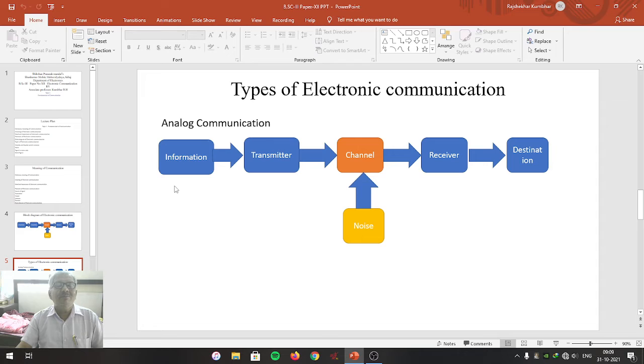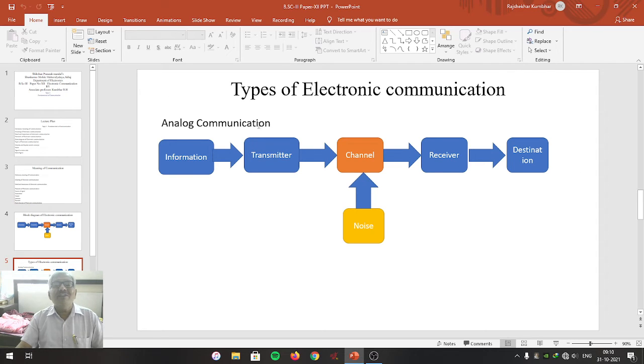For example, if suppose the source of information is an acoustic sound signal, when this acoustic sound signal is allowed to be incident on the mic, that is going to be used as a transducer, the mic converts the acoustic sound signal into its corresponding electric signal, and this electric signal is known as analog signal, and this electric signal is carried from transmitter towards the receiver.